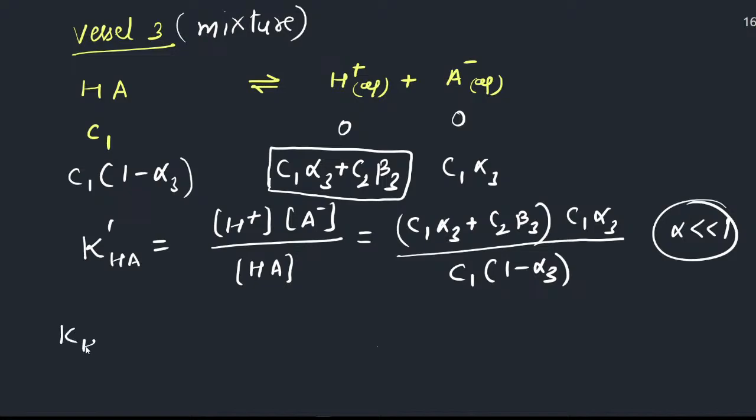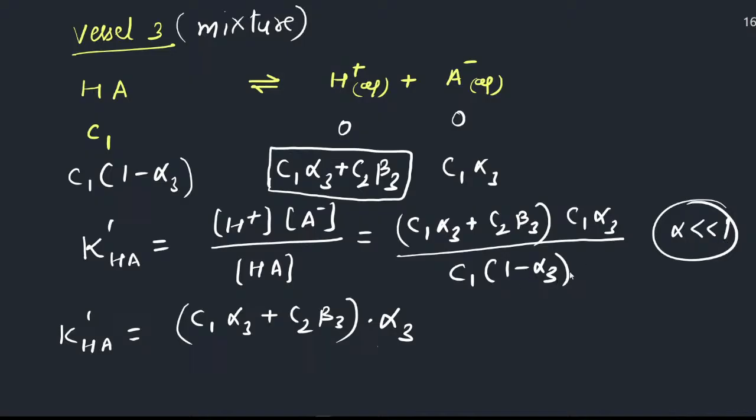But alpha is very, very less than 1. So K_HA dash is equal to (C1 alpha 3 plus C2 beta 3) into alpha 3, because alpha is very, very less than 1.